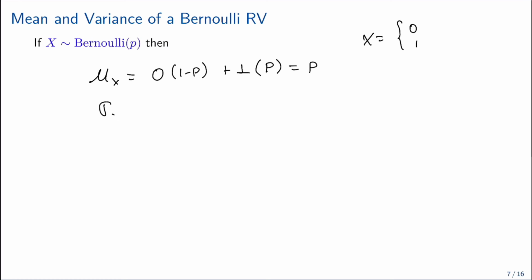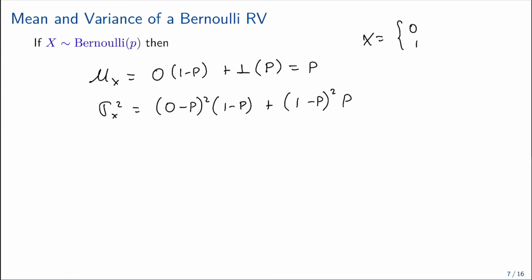Now the variance has a little bit more work. We have our value 0 minus the mean p, squared, multiplied by the probability 1 minus p, plus the second value 1 minus the mean p, squared, multiplied by its probability, which is p.